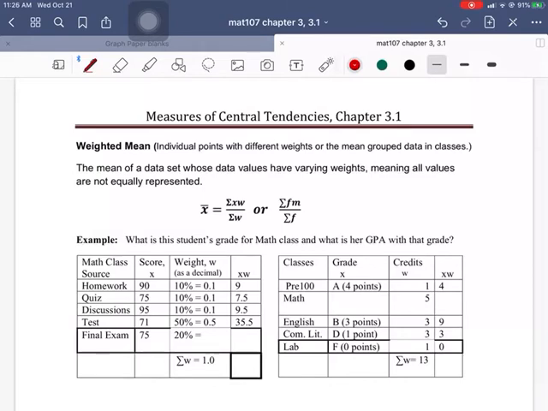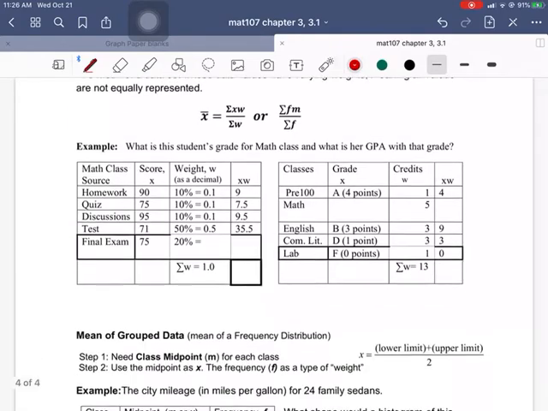All right, so how do you find a weighted mean? It's very common for how your Canvas works, how your grade is figured, and it has to do with the varying weights of the different grades.